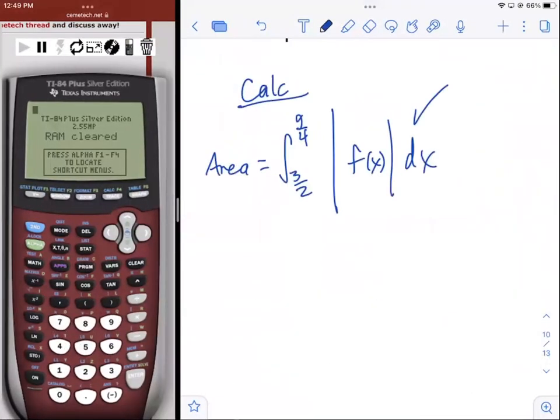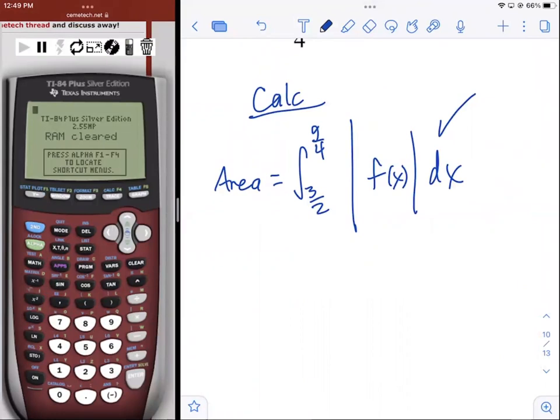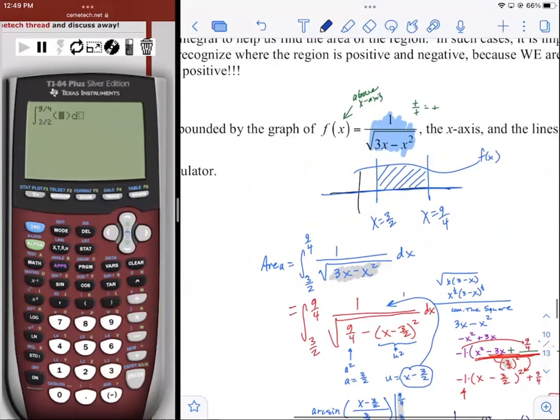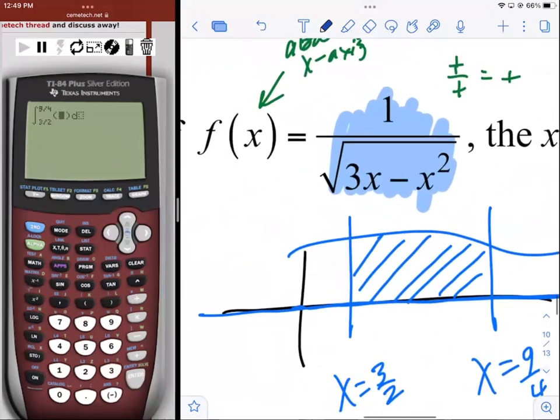All right, so here we go. From the home screen, math 9, remember? We're going from 3 divided by 2 up, oops, I forgot the 2. Up to 9 divided by 4. And I don't have it typed into Y1 because it's like a one-shot multiple choice disposable problem. So I'll just type it in as horizontal division line, alpha Y equals.